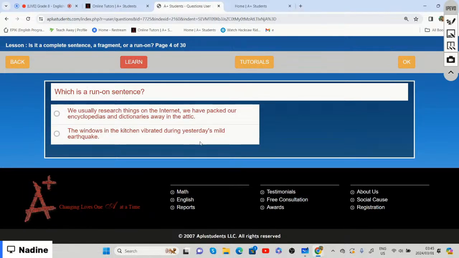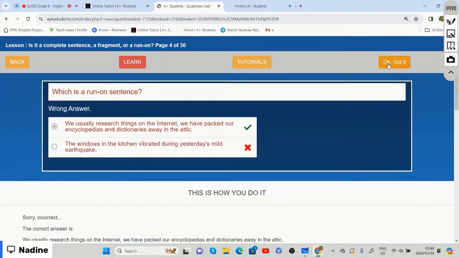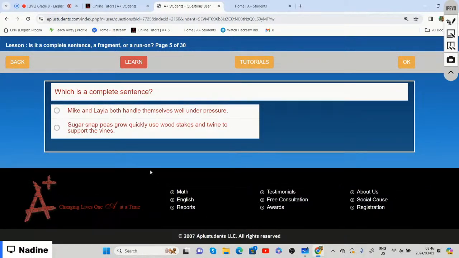We have packed our encyclopedias and dictionaries away in the attic, or the windows in the kitchen vibrated during yesterday's mild earthquake. Oh, I didn't even see that. A run-on sentence. I'm thinking it's a complete thought, a complete sentence.